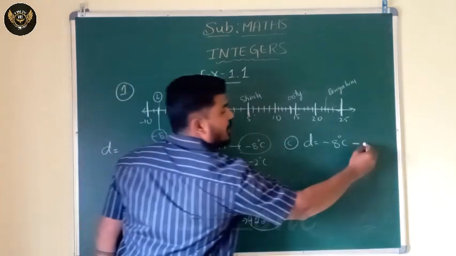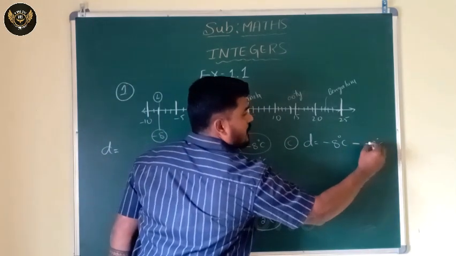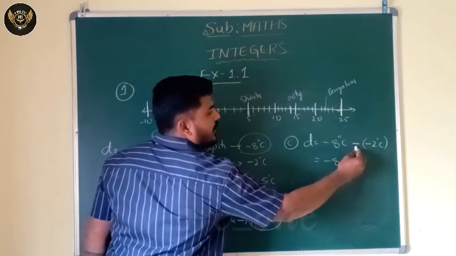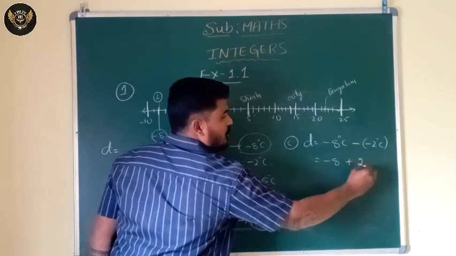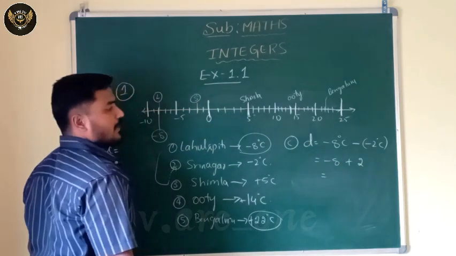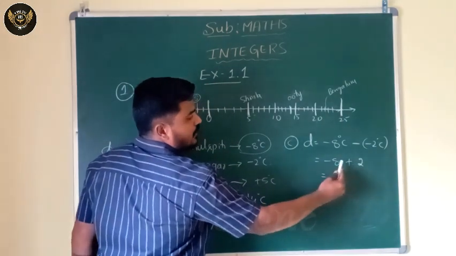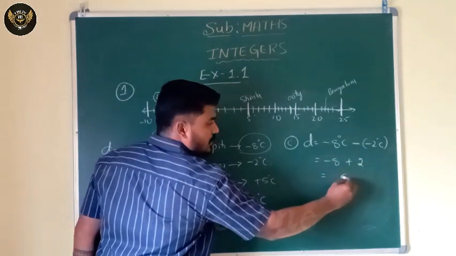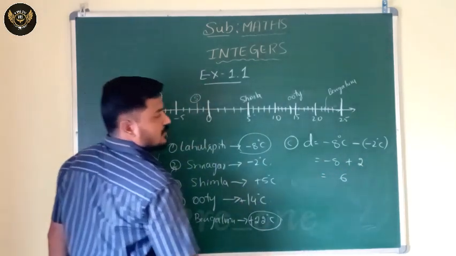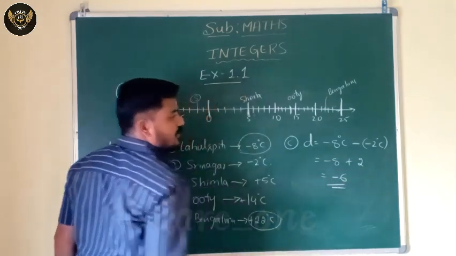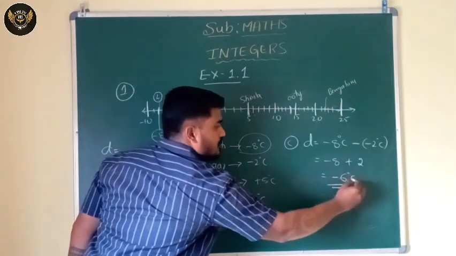Srinagar, having -2 degrees. So that becomes -8 minus of minus 2, that is -8 plus 2. If we have a minus and a plus, we have to subtract. 8 minus 2 becomes 6 and we have to put the sign of the larger number. The larger number is 8 having minus. So the answer is -6 degrees Celsius.